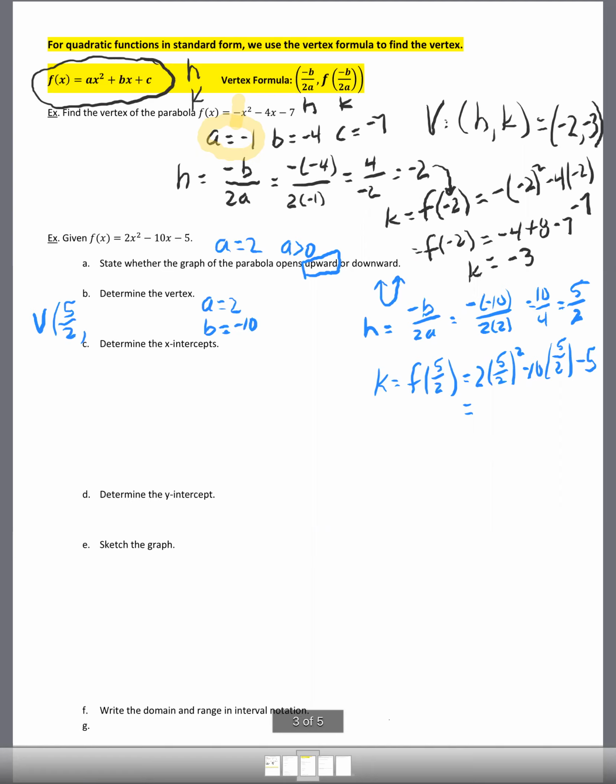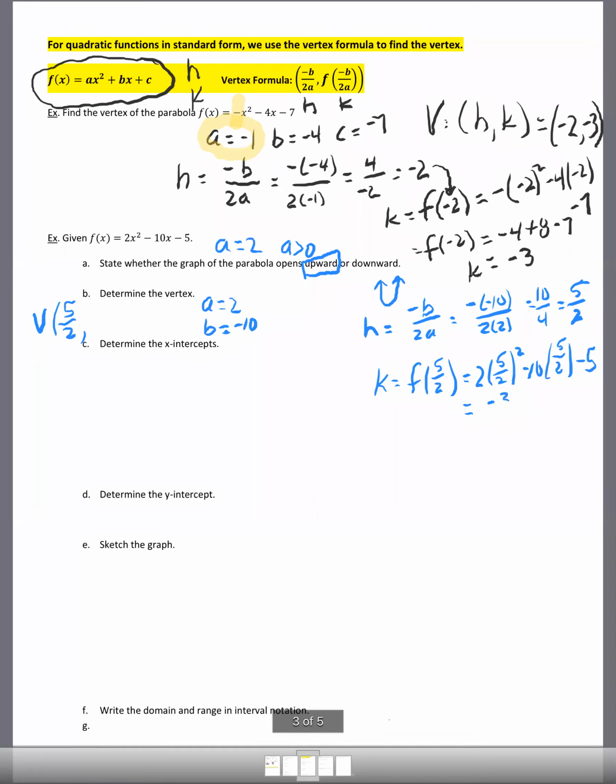Make sure that you type in everything according to how it's written. Let me get mine done. And then verify with me if you end up with my calculator says -17.5. What I'm going to ask it to do is go to the math, number 1, which is a fraction, and turn that into a fraction for me.